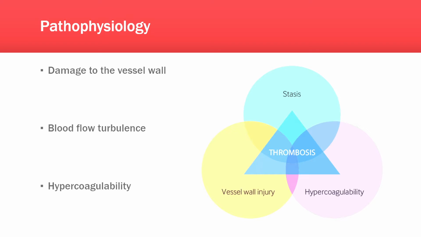If we look at our chart here, we start looking at the pathophysiology of this disease. There are three mechanisms involved in DVT, which are damage to the vessel wall, blood flow turbulence, and hypercoagulability.